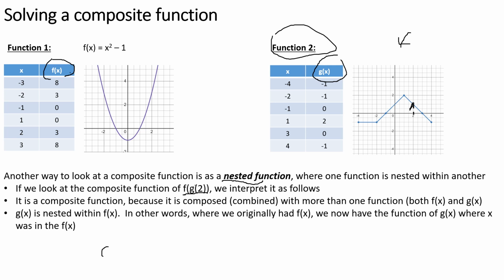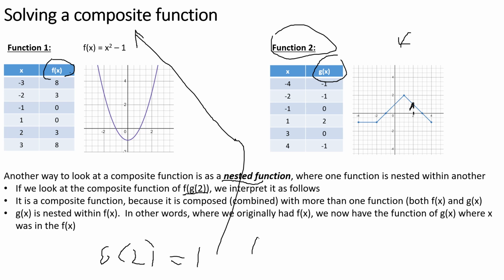So g at 2 equals 1. Now that 1 is going to be what I put into the outer function, f of x. And wherever I see the x, I replace that with 1.